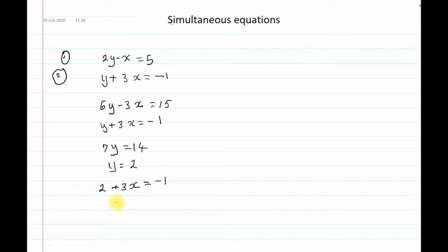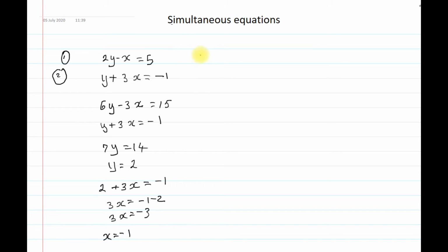I'll get 3x. If I move 2 to the other side, it changes signs, becomes minus 2. So I'll get 3x is equal to minus 3. And finally, x is equal to minus 1.